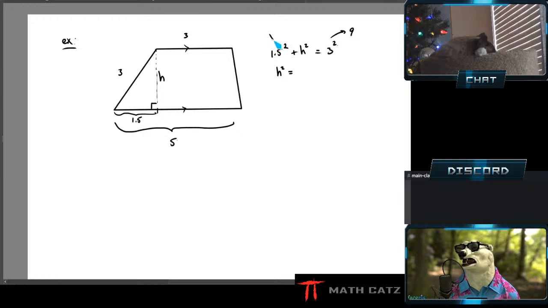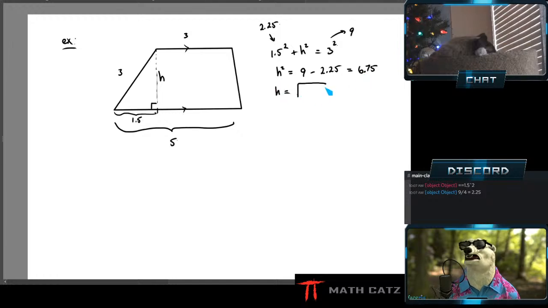This is 9, 5 squared. Should I not know what that is? 225? Let's double check. Yep, 225, with a decimal, of course, 2.25. So I have 9 minus 2.25 there. That should be 6.75.